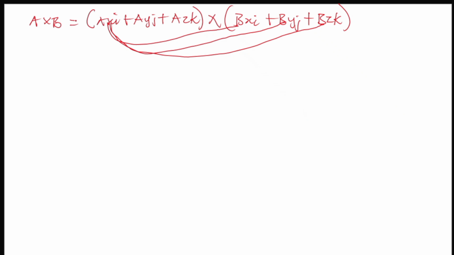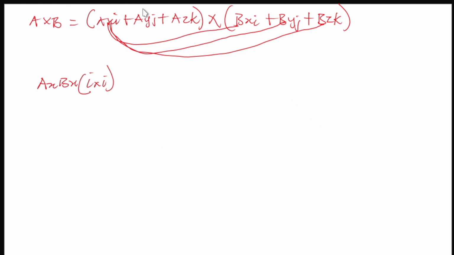If you do that, you simply have AX multiplied by BX here. So you arrive at AX, BX, and what's happening to their unit vector? You simply place their unit vector one side because that's our interest. So we have I multiplied by I here. So this will be I cross I. Are we together?